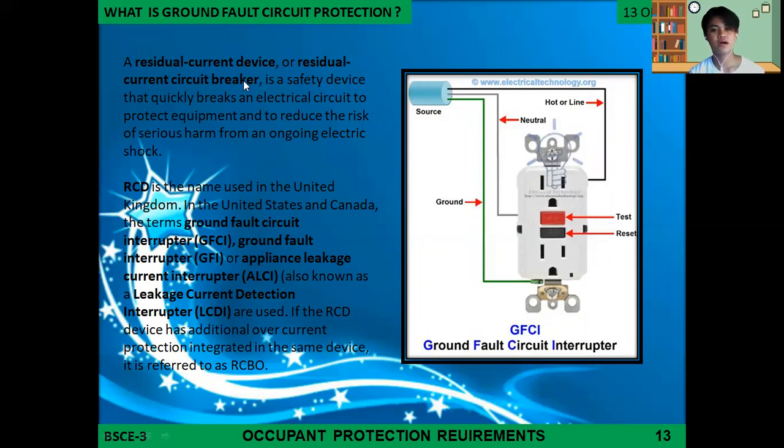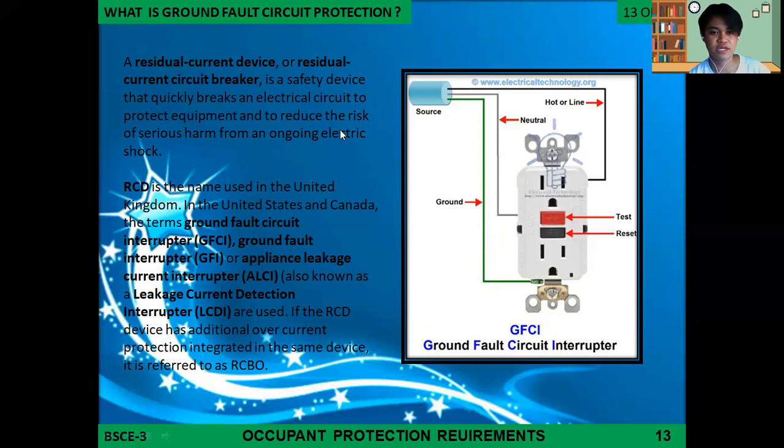A residual current device or residual current circuit breaker is a safety device that quickly breaks an electric circuit to protect equipment and to reduce the risk of serious harm from an ongoing electric shock. Ito isa din siyang example na circuit breaker kagaya ng doon sa grounding system kanina.